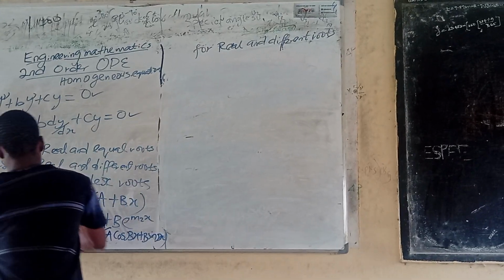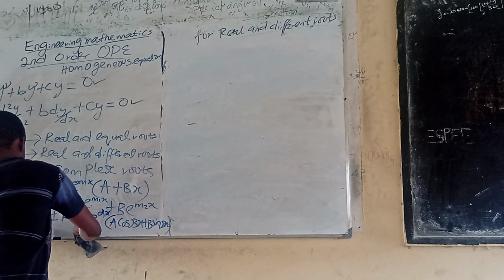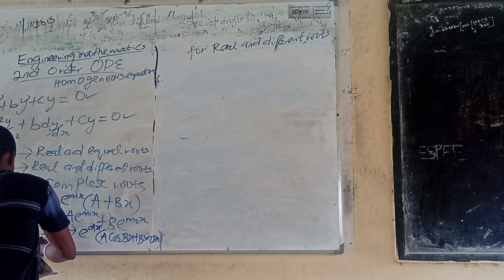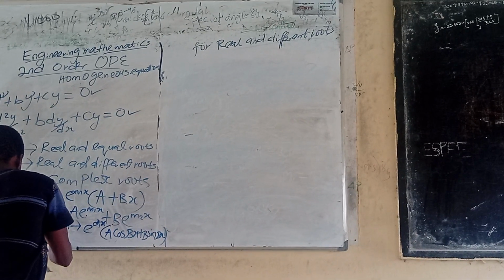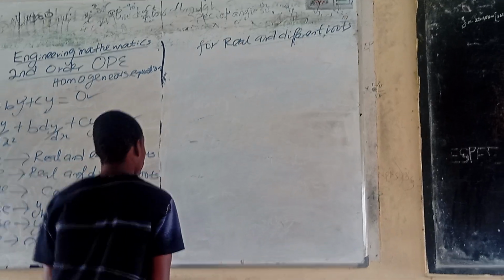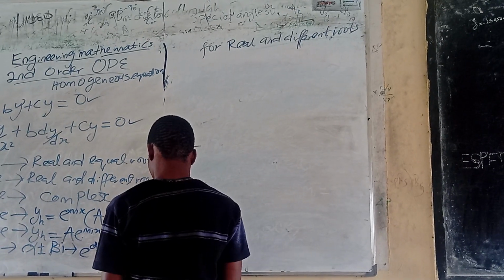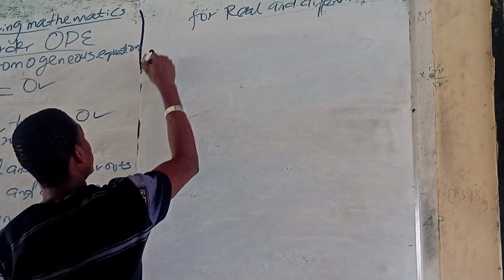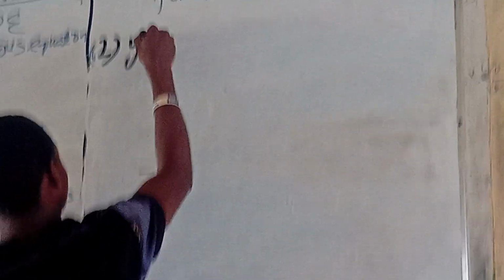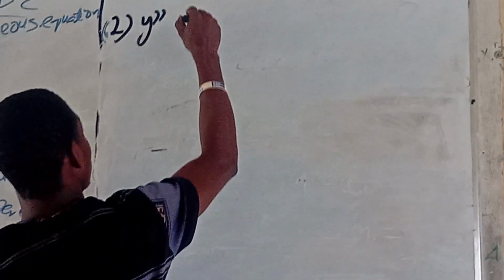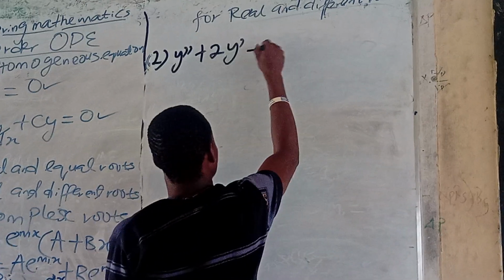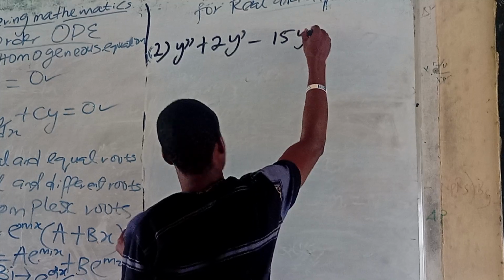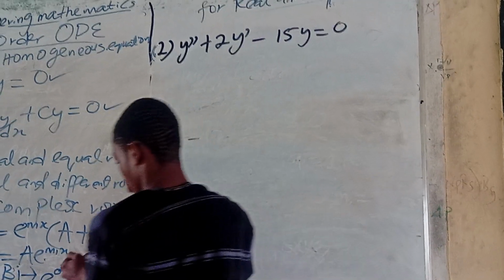So what's the next example? Let's check. Example 2: y prime prime plus 2y prime minus 15y equals 0.